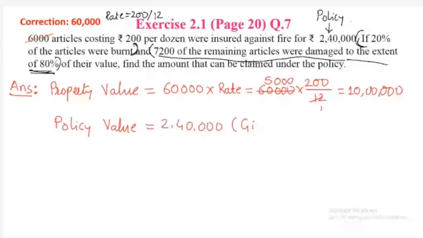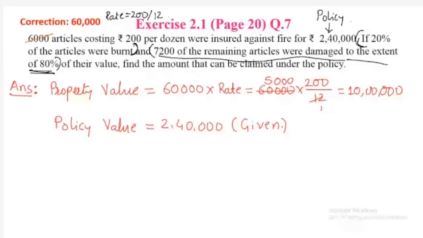In bracket given. Readily given, yes. Even property value is also given, dear student, but indirectly it is given. Correct? So, property value हो गया, policy value हो गया.